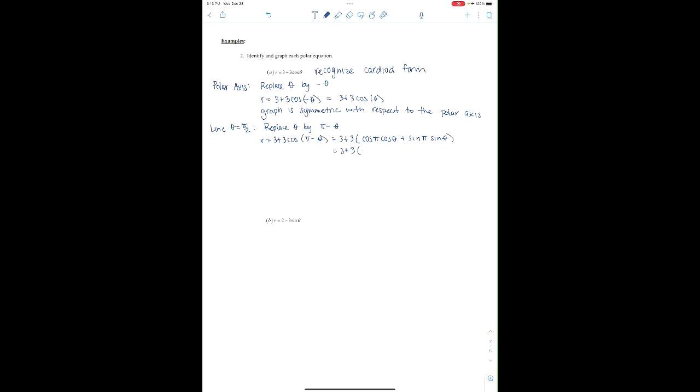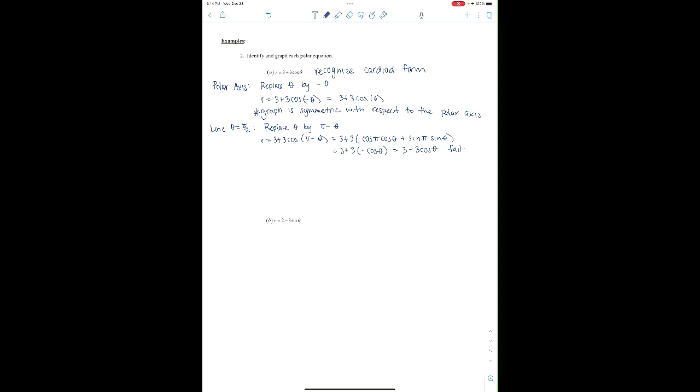So we're left with negative cosine theta, and sine of pi is 0. So plus 0. This gives us 3 minus 3 cosine theta, which fails the test. So it might not be symmetric to the line theta equals pi over 2. It might not be. What we do know is that it is symmetric to the axes.